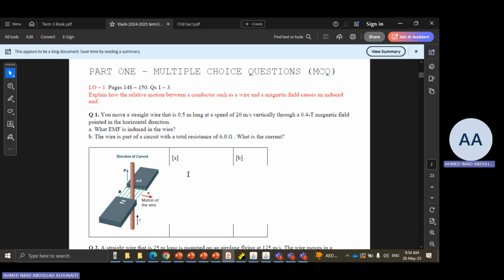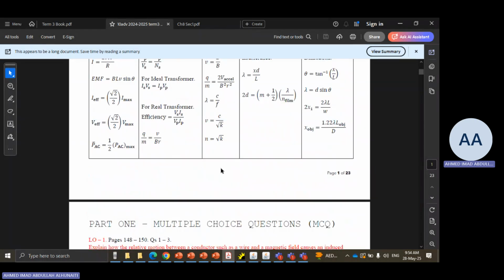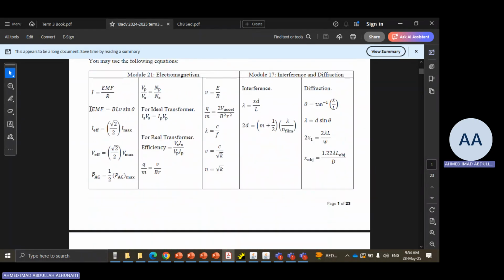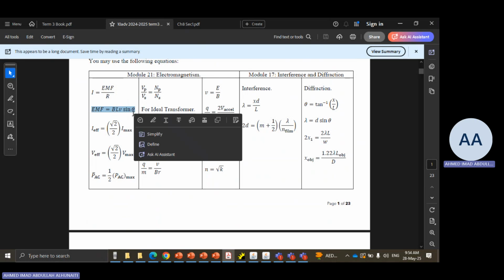Another way of thinking of it, you need a wire to cut through magnetic field lines in order to induce an EMF. This EMF, of course, can be found using this formula. EMF equals BLV sine theta, where EMF in volts equals the magnetic field strength, B, in Teslas, the length of the wire inside the magnetic field in meters.